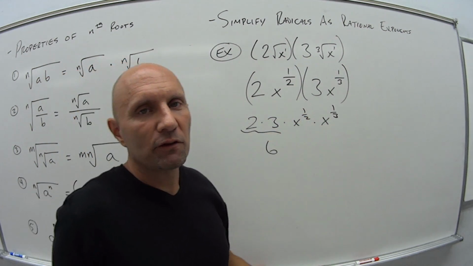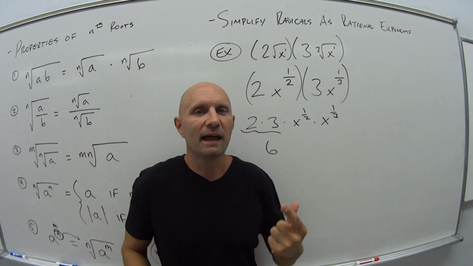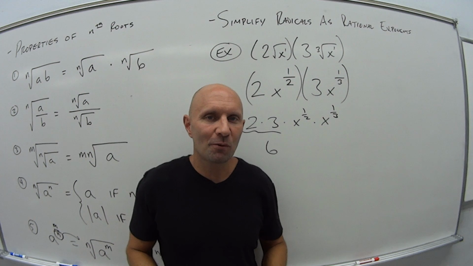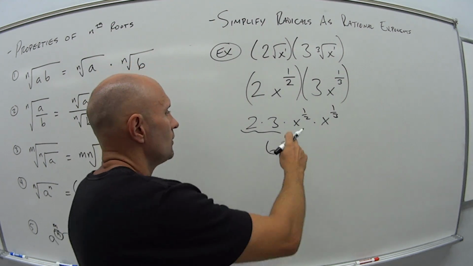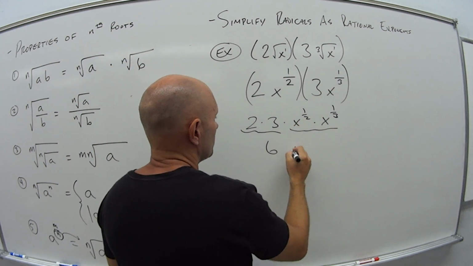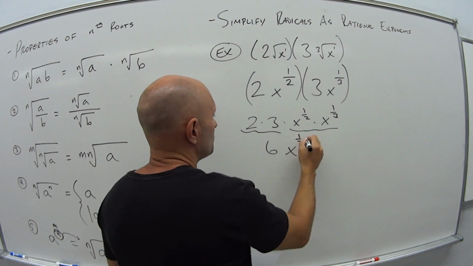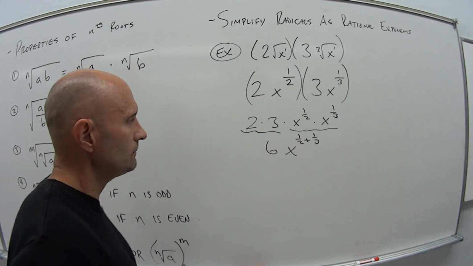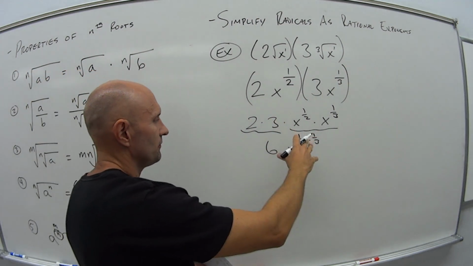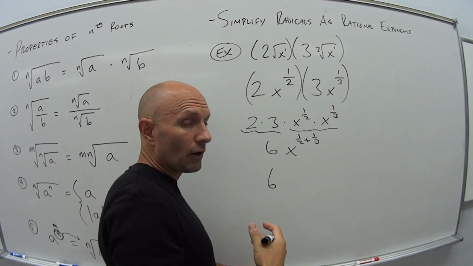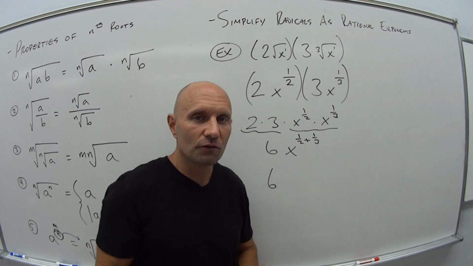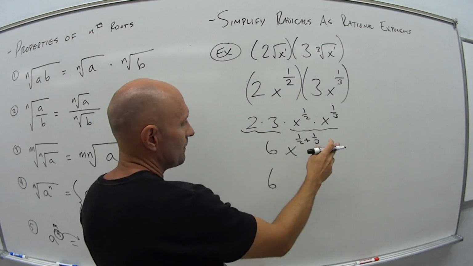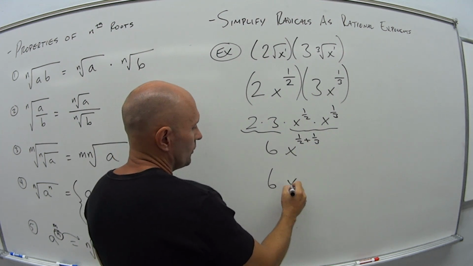So remember back to our exponent rules. If I have the same base and I'm multiplying together, what do I do with the exponents? I add them. So this part here is x to the 1/2 plus 1/3. So I need to simplify this. Going back to our fraction video, you can see how this is all building on each other. If I have different denominators, what was the process?